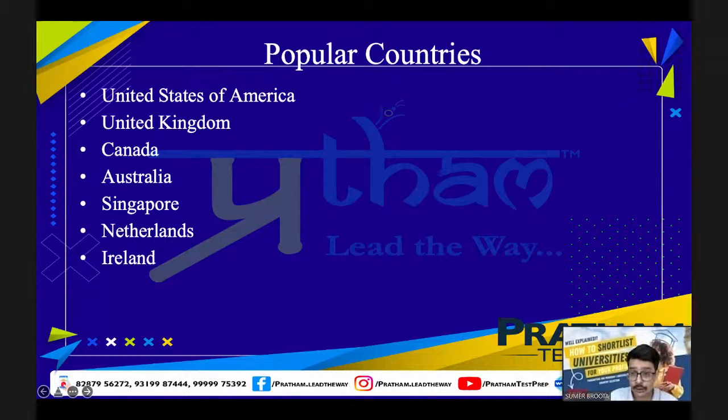When we talk about the US, just to rewind back a little, the US has certain other institutions. So we divide them into groups. For example, you have the Ivy Leagues, universities of California, universities of Texas, then state universities of New York, and certain other states which have their own group of institutions. There are more than 4,000 institutions in the US.